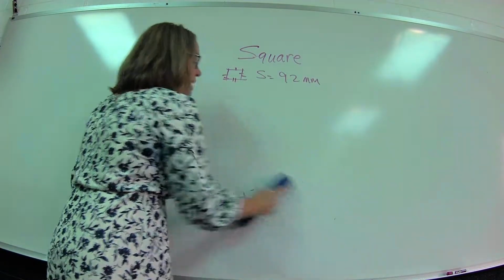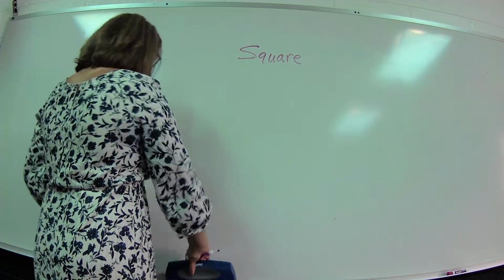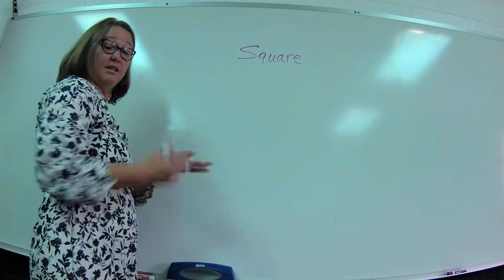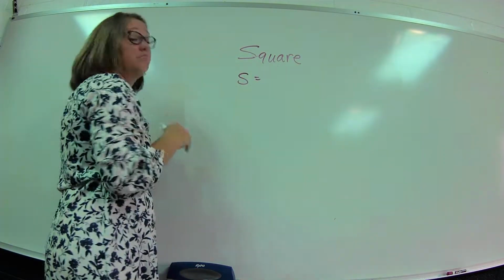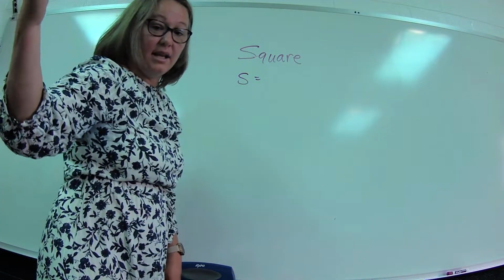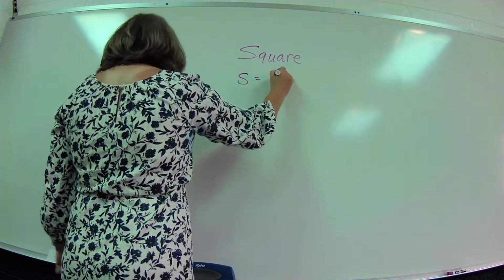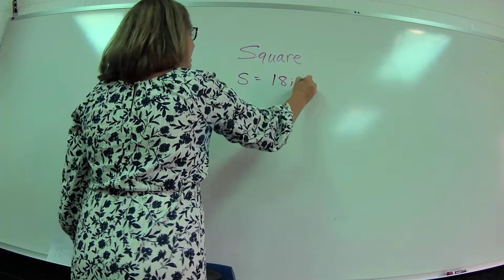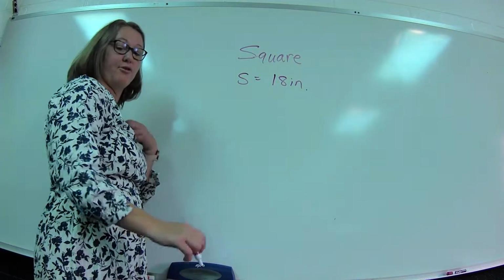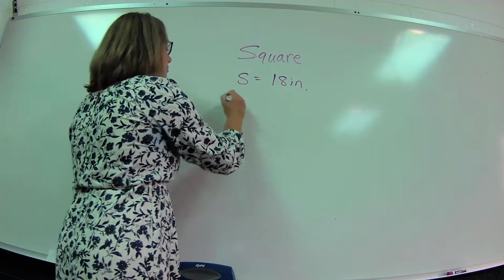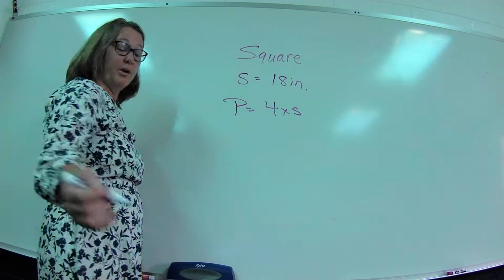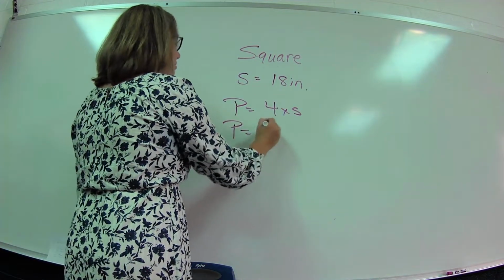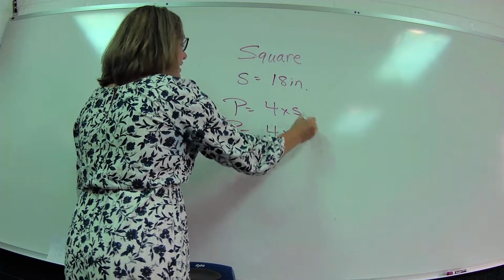It is around. All right, sometimes you won't have the diagram, but if you see an S equals, you know it's a square. So S equals 18 inches. So let's write our formula first. P equals 4 times S. Let's plug in our values. P equals 4 times 18.